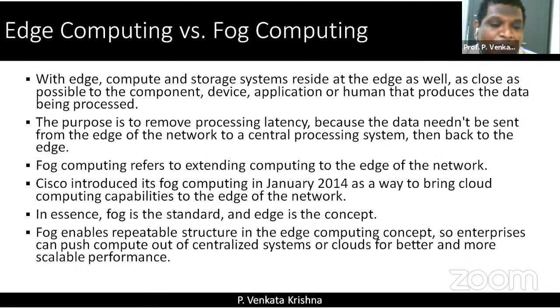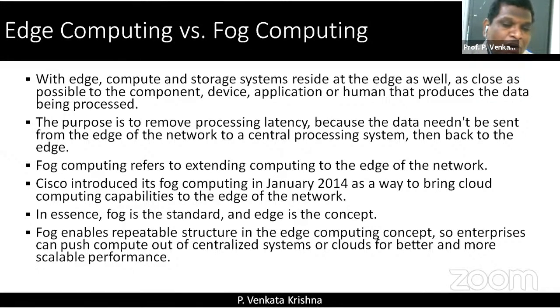Fog computing refers to extending computing to the edge of the network. Cisco introduced its fog computing in January 2014 as a way to bring cloud computing capabilities to the edge of the network. In essence, fog is the standard and edge is the concept. That means edge computing is a concept, but fog is an implementation done by Cisco.